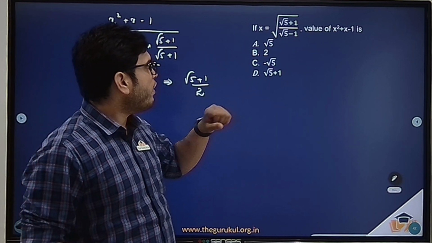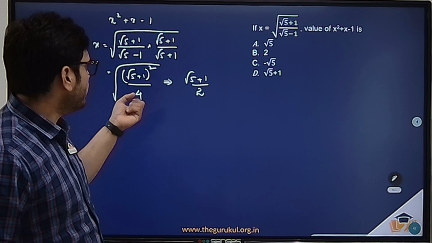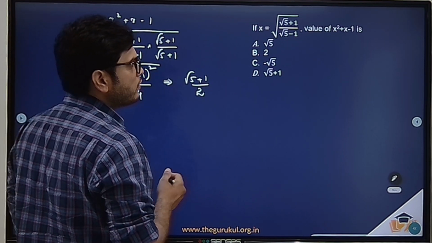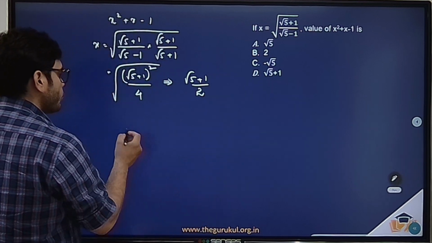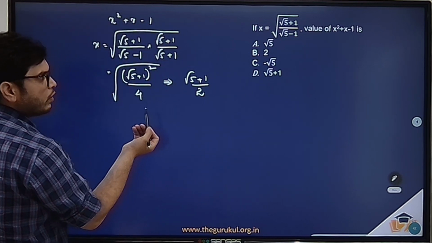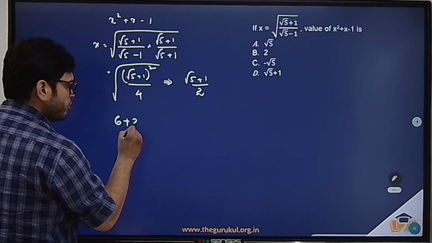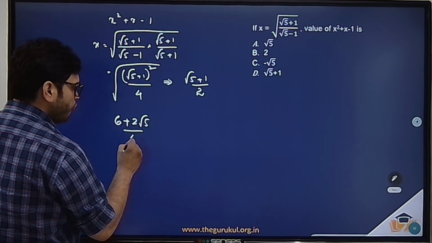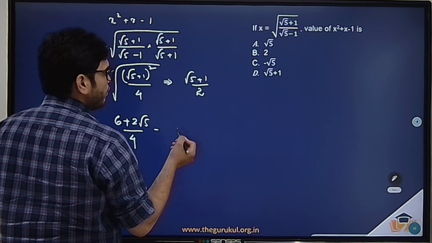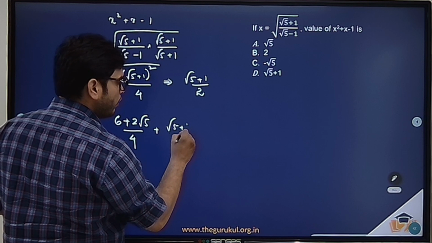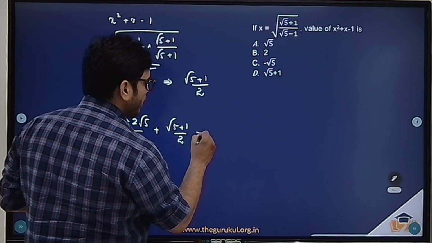Right. Now we have the value of x, that is (root 5 plus 1) by 2. Now let's substitute that in the given expression. x square is (root 5 plus 1) whole square by 4, that would be (6 plus 2 root 5) by 4, plus (root 5 plus 1) by 2, minus 1.